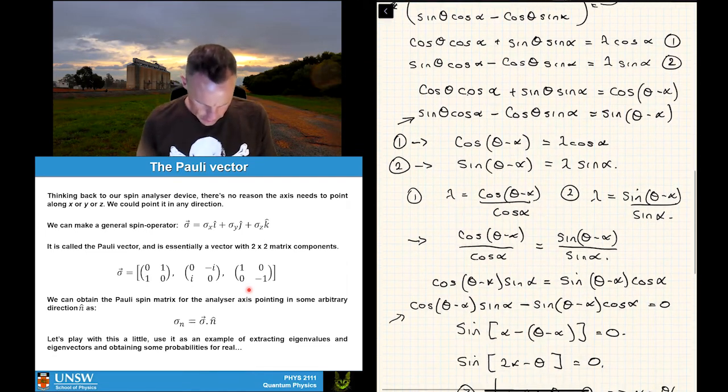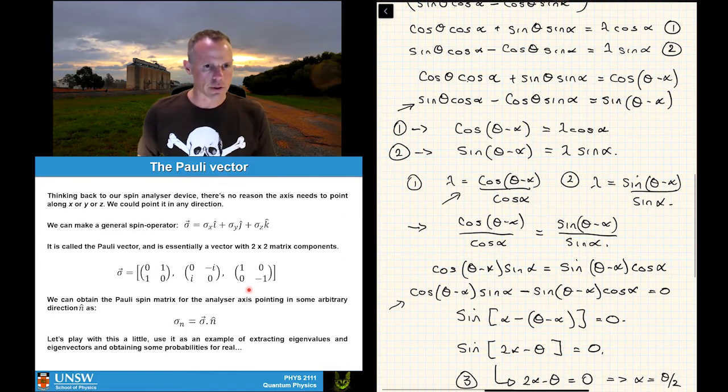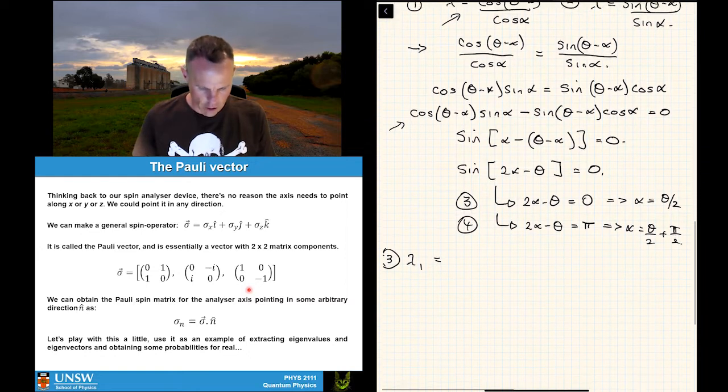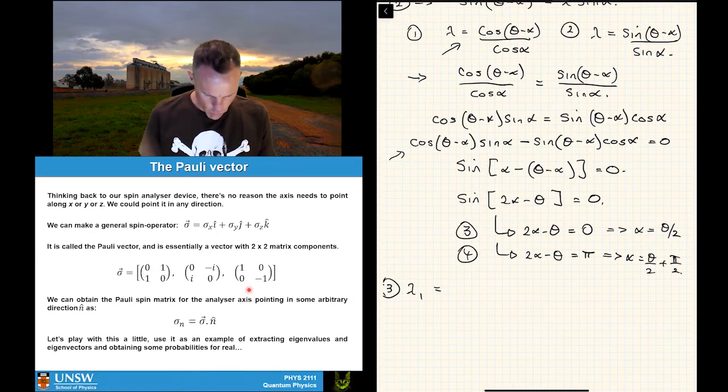Where is it? Just here. We defined our lambda as cos theta minus alpha on cos alpha. Okay, so our first one will be cos theta minus alpha on cos alpha. Let me clean this up with an eraser for a second.